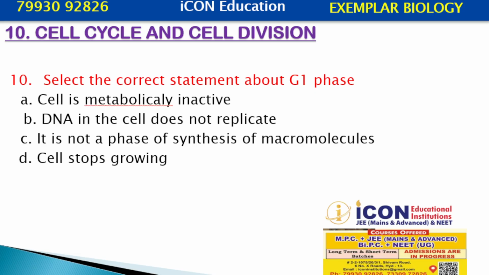Question number 10. Select the correct statement about G1 phase. Number 1, cell is metabolically inactive. This is incorrect, because the cell is metabolically active. DNA in the cell does not replicate. Yes, this is a correct statement, because DNA in the cell replicates during S phase and not the G1 phase.